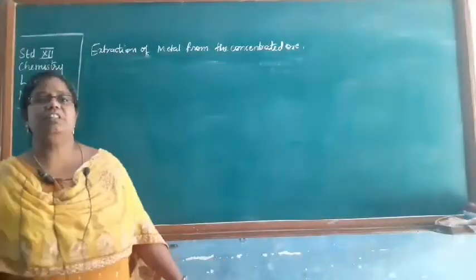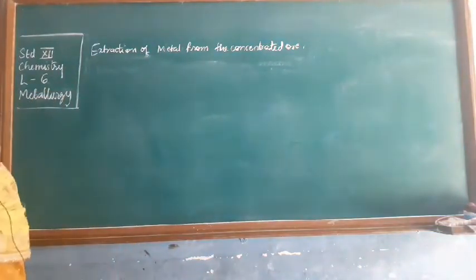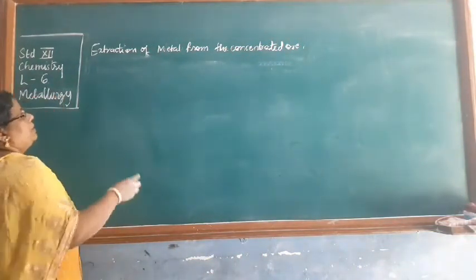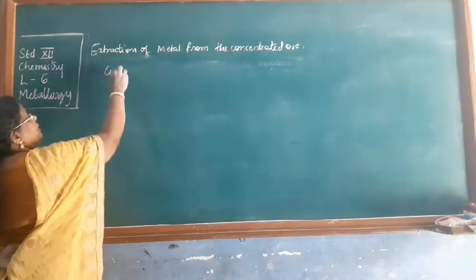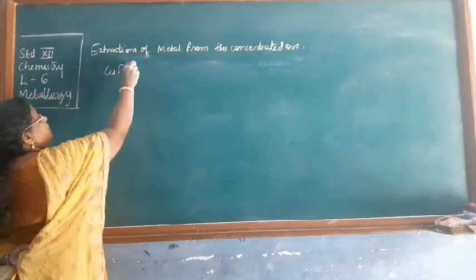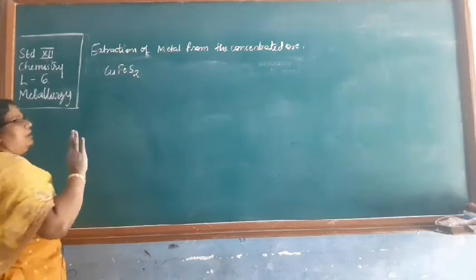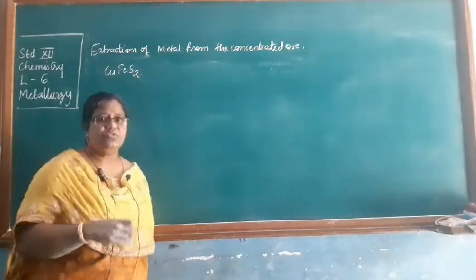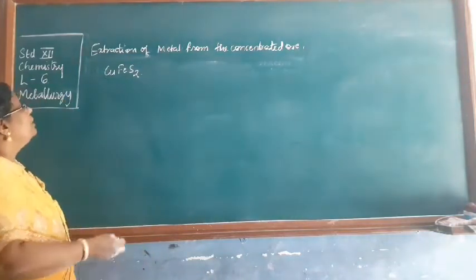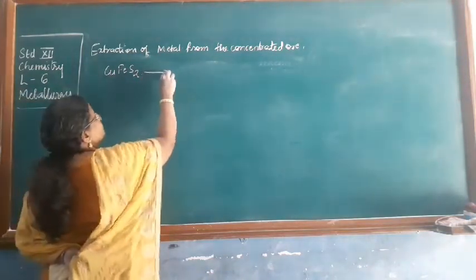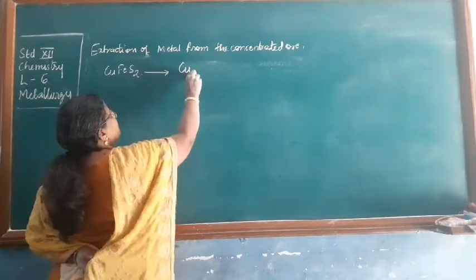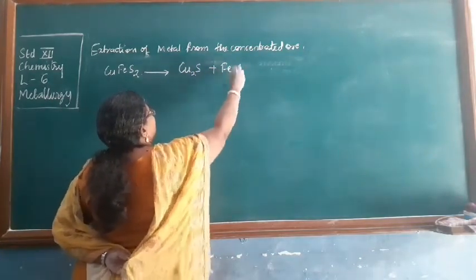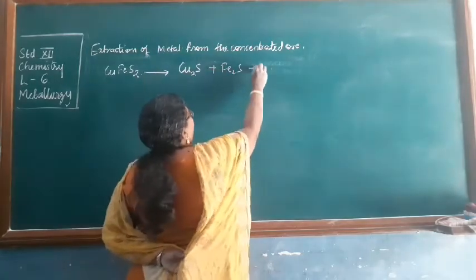Now we will learn the smelting process of copper, how to obtain copper from its ore. So again see, CuFeS2, this is the primary ore of copper which we are taking. When you heat it, you will get Cu2S plus Fe2S.